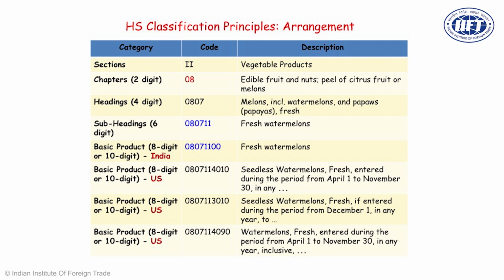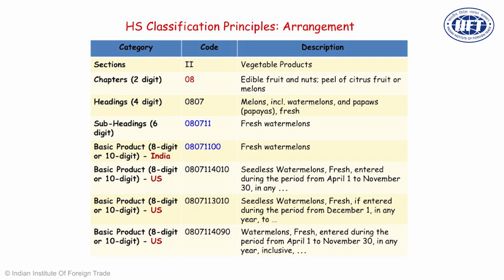Is it April 1 to November 30 or December 1 to March 31st? Accordingly, the code will be different. So one thing we'll remember: the HS codes of the products are harmonized up to the first 6 digits, but below that, they might differ.